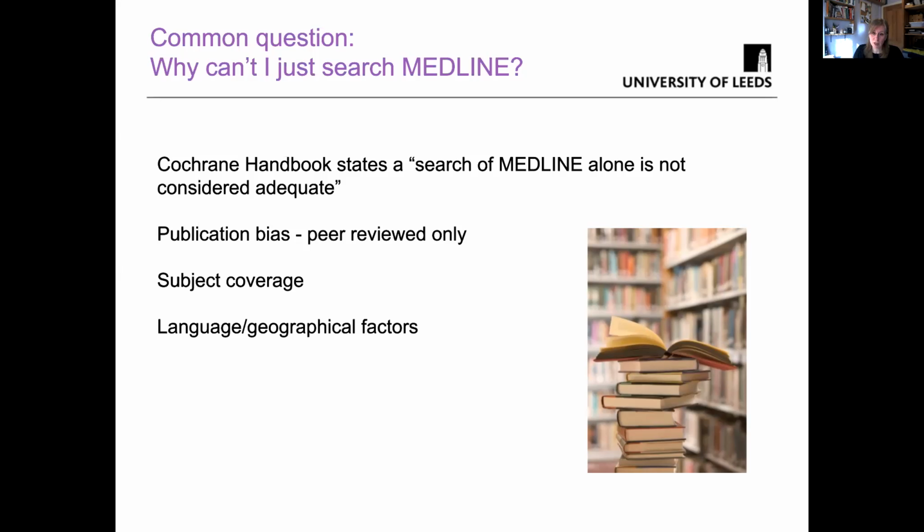Some studies have shown that if you don't include non-peer reviewed articles or reports, the grey literature, the trials which haven't actually been written up in a journal but that you can get the data from, then a bias can creep in which gives an overestimate of how effective the intervention is. So if you're just focusing on the peer review journals, you might get changes to the effectiveness size.